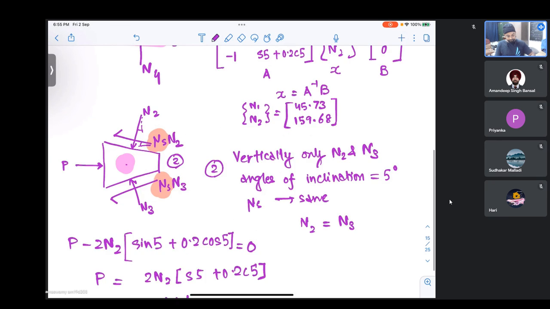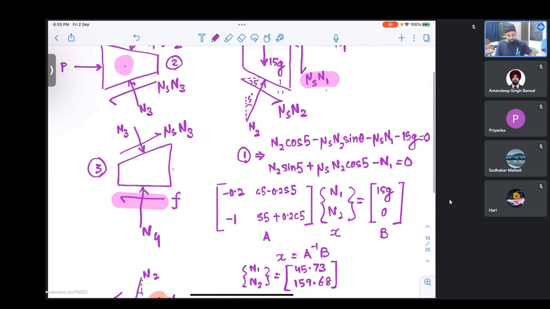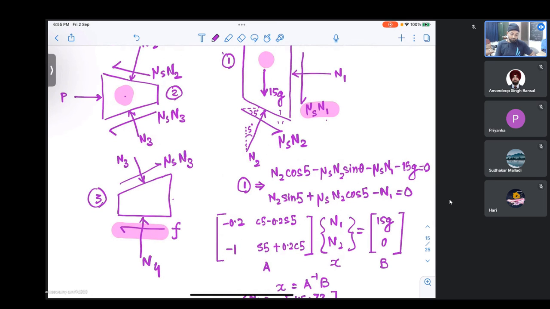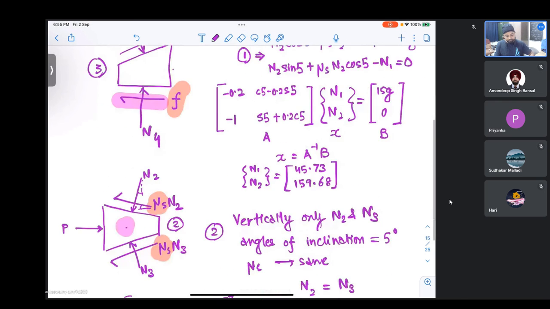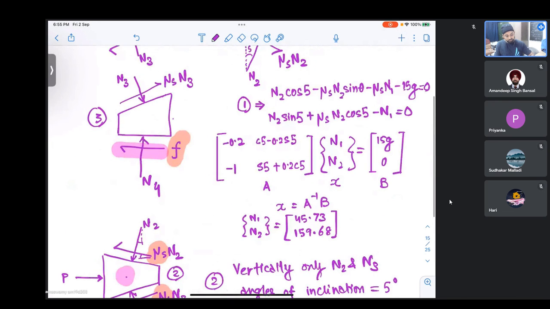So far so good. Is there anything else that we have not solved for? We still don't know N3 and N4 and F. Most importantly, we don't know F. Okay, let us consider the third body now. Let me again copy this.